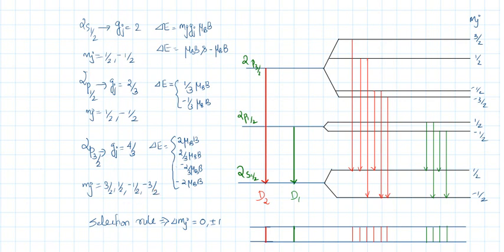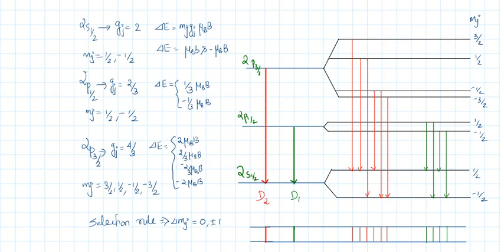So there will be 4 interaction energies. 3/2 into 4/3, we will get 2 μB B. 1/2 into 4/3, we will get 2/3 μB B. Then minus 1/2 into 4/3, minus 2/3 μB B, minus 3/2 into 4/3, minus 2 μB B. So this 2p3/2 level splits into 4: 2 μB B, 2/3 μB B, minus 2/3 μB B, then minus 2 μB B. Okay, so these are the splittings.